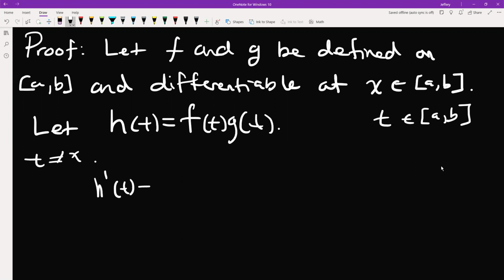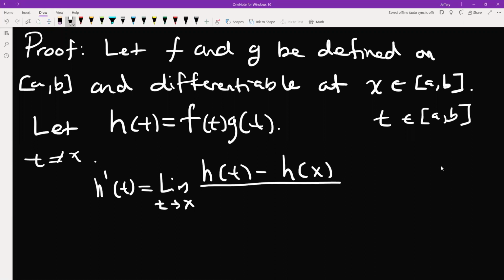Well, h prime of x should be the limit as t goes to x of h of t minus h of x, divided by t minus x.